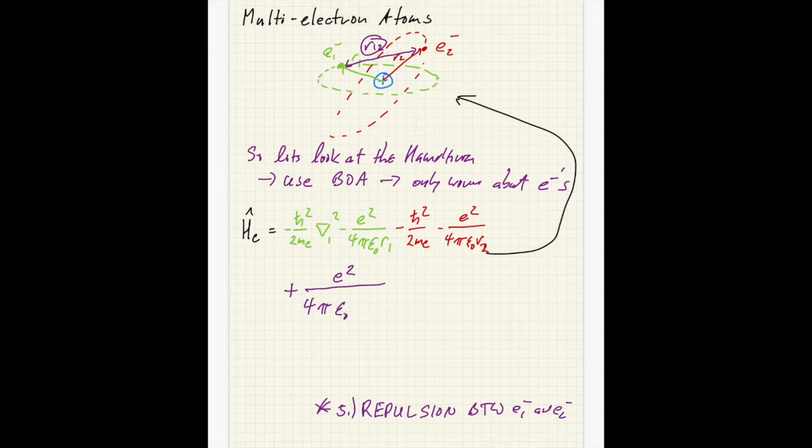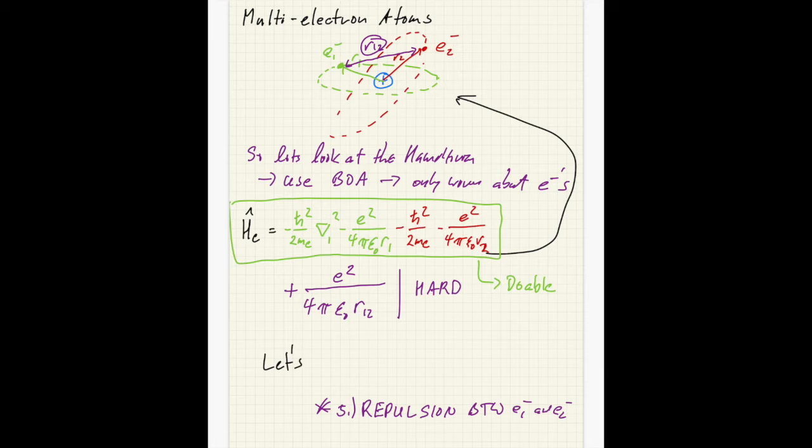However, this repulsive part is positive, and as you can see, this is going to be inversely proportional to the separation between electron 1 and electron 2. And as you would imagine, this is very difficult to deal with. This actually winds up being the death of the Hamiltonian, in that we have a doable part of the Hamiltonian, and then we have a part that we really don't have a good way of dealing with.